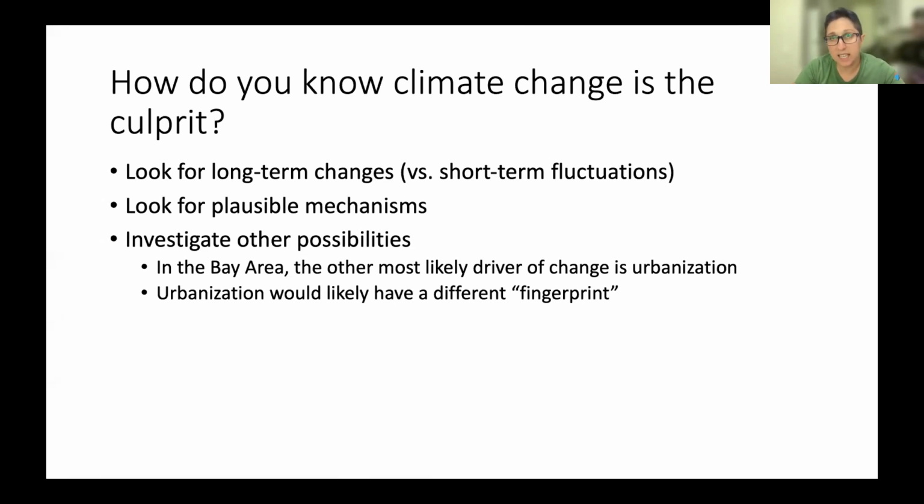And so if you see a trend that is increasing over time, you want to know, is that climate change or something else like urbanization? And the way you can distinguish those is that you can predict what each would do. And we would expect urbanization to have a different fingerprint of effects, a different combination of impacts. And I'm going to talk a bit more about that specifically with regards to CCFS in a sec.